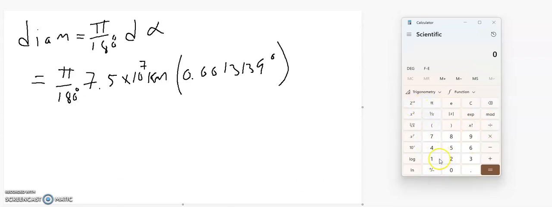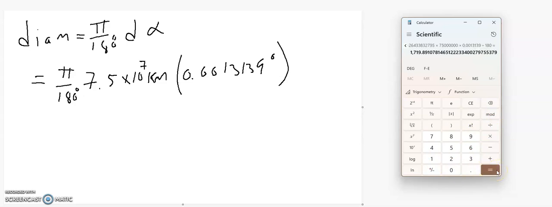Let me redo this just to make things simple. So it's pi times 7.5 times 10 to the 7th times this number here, 0.00131339, which is how we rounded it, and then you divide by 180.